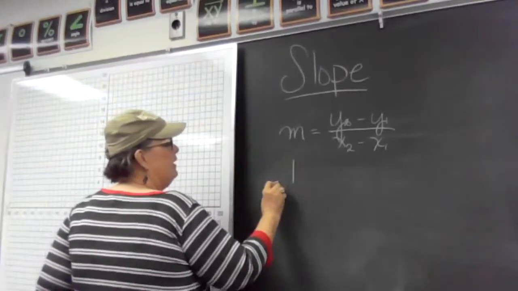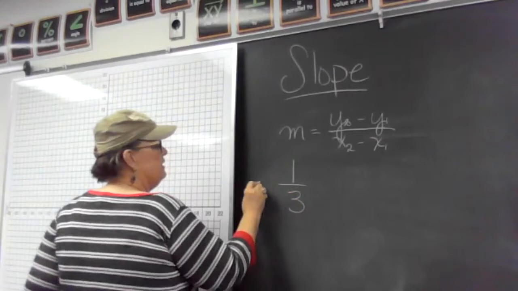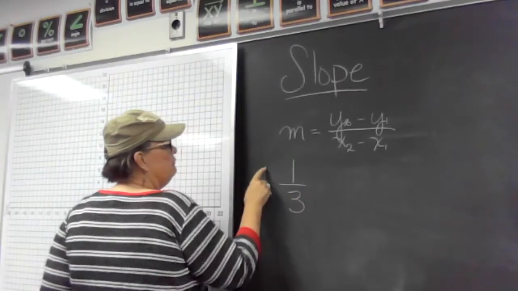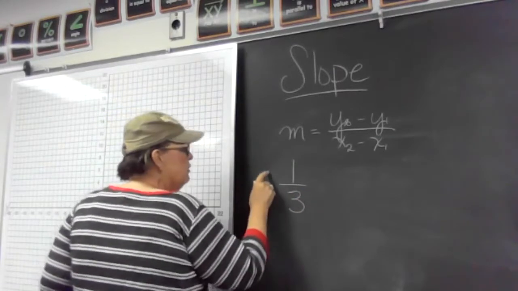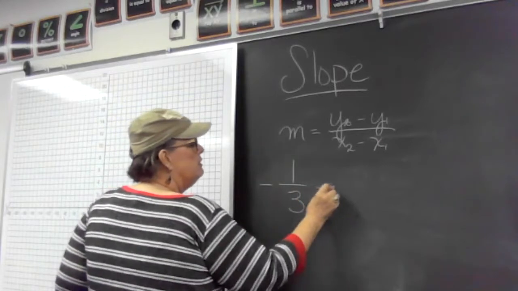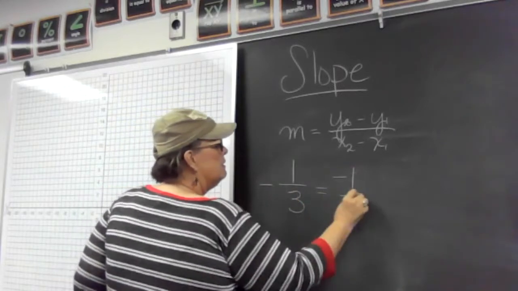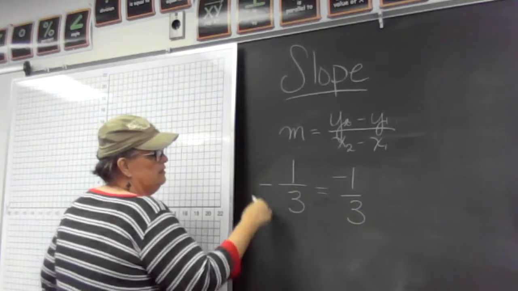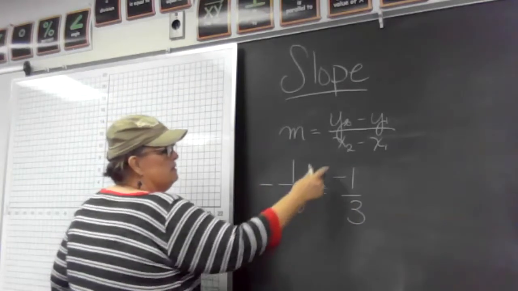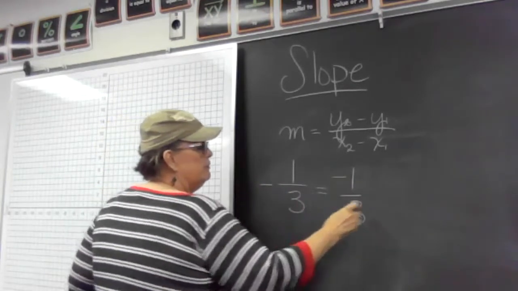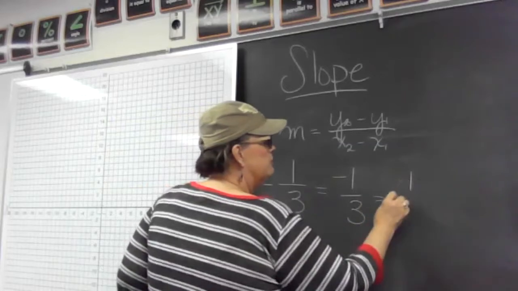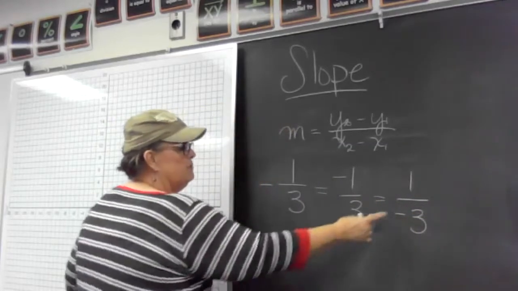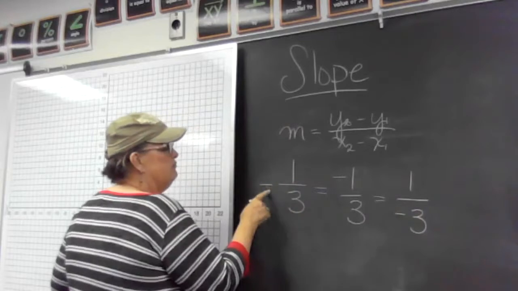If I have a fraction that's a negative 1/3, this negative can float up or down anywhere it wants. So this negative 1/3 is equal to this negative 1/3 is equal to this negative 1/3, because the fraction has one negative in front.